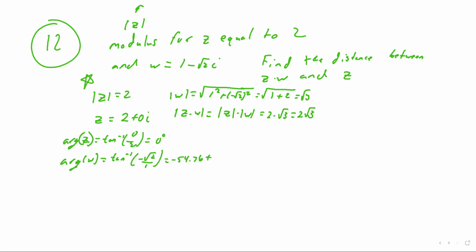Add what to it? Because what quadrant does it fall in? The negative square root of 2 over 1. So it is positive comma and negative. So a positive comma and negative falls right there in quadrant 4.